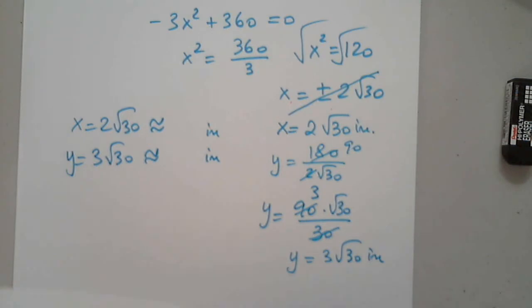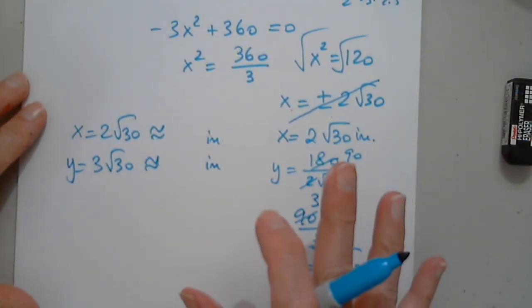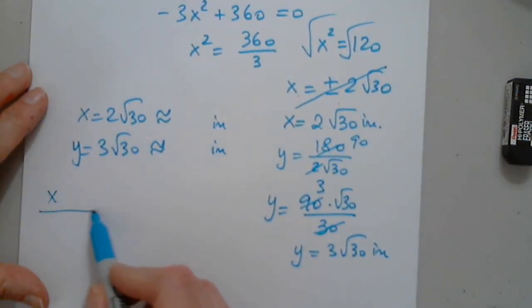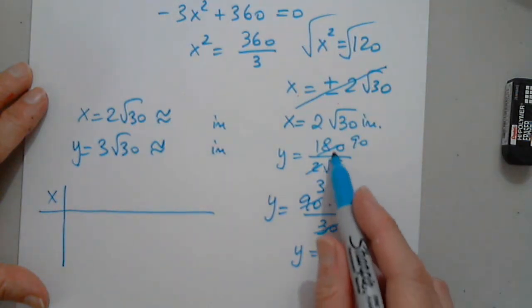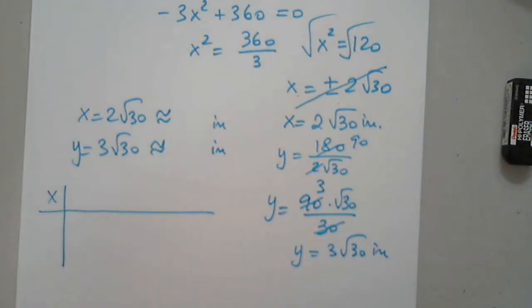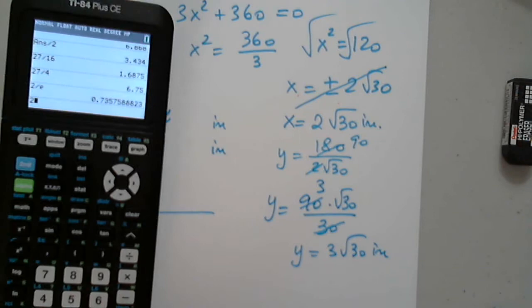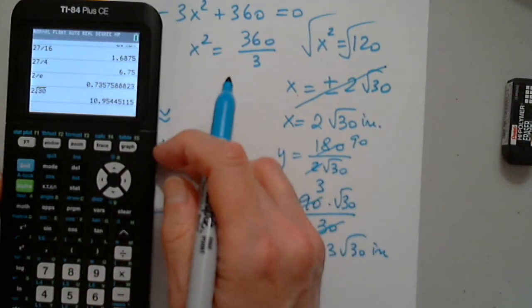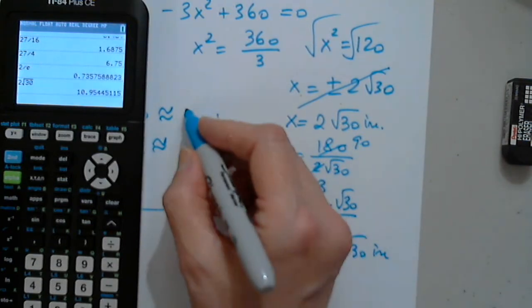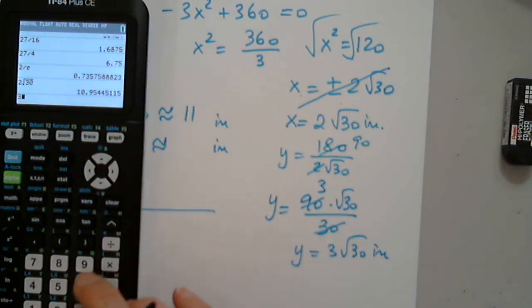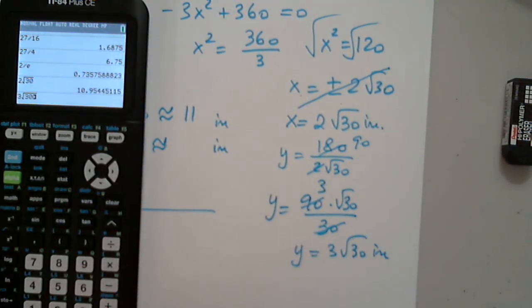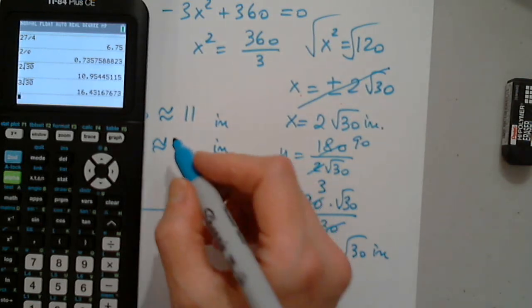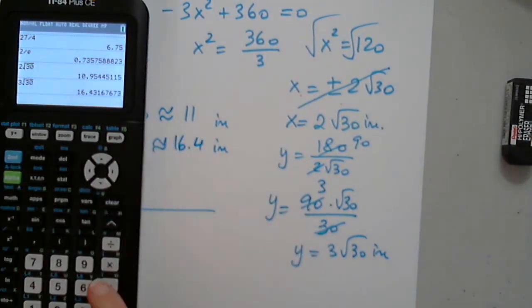However, the problem is not done. Let's approximate: 2 the square root of 30 is approximately 11, and 3 the square root of 30 is 16.4.